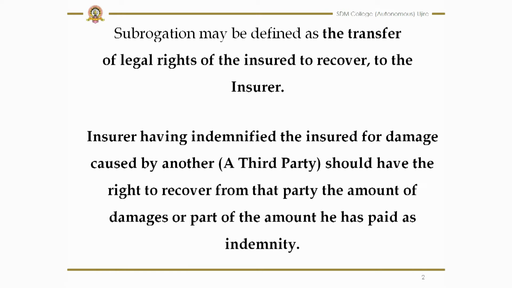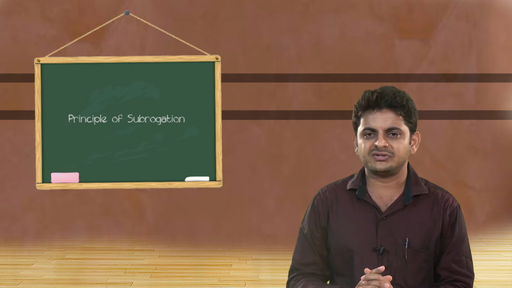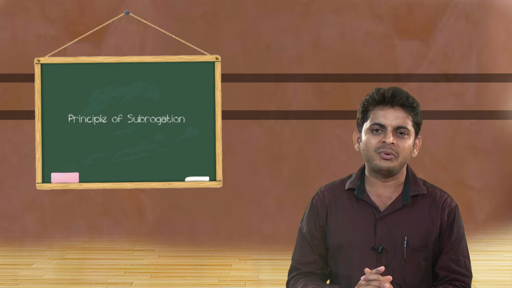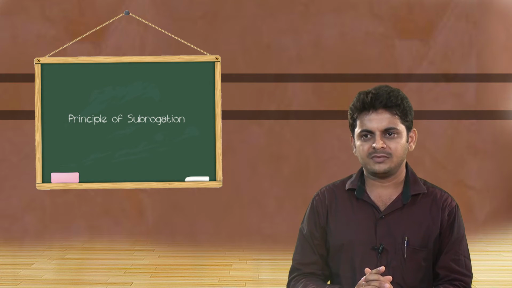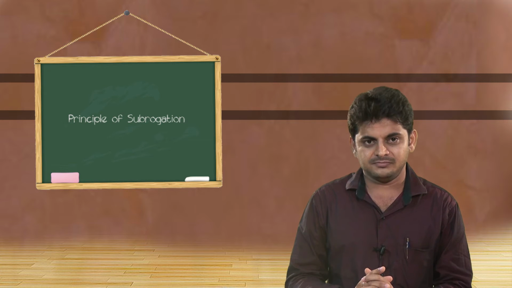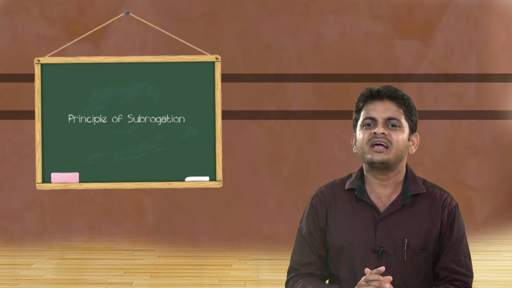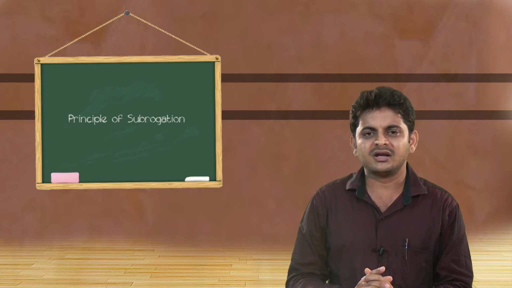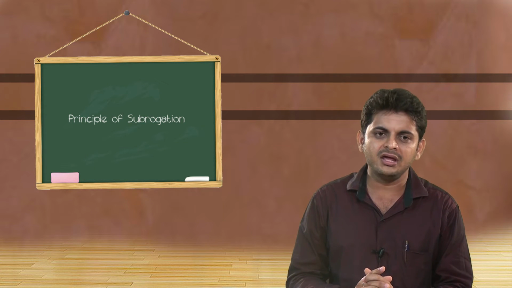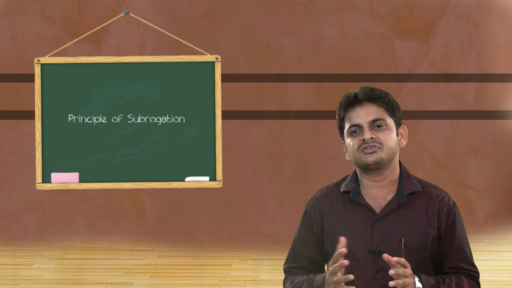In that case, the legal process or the legal authority may give him a right to get compensation for the loss or the negligence that happened. When the insurance company gives the compensation to the insured party, the right to receive compensation against the negligence of a third party is transferred to the insurance company.